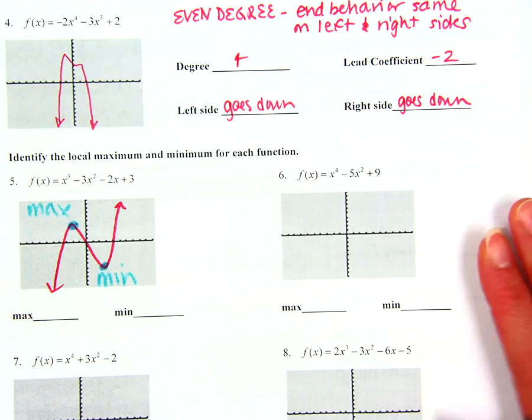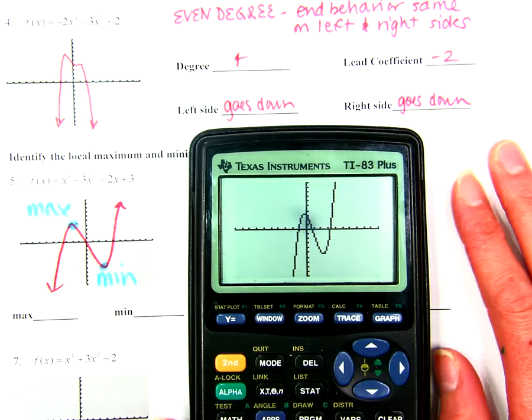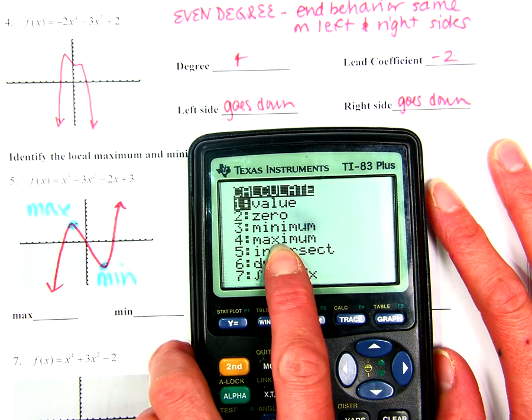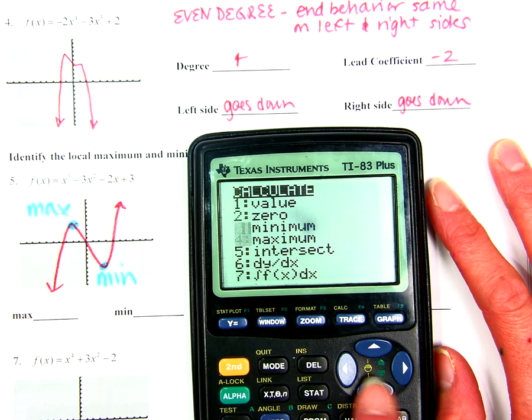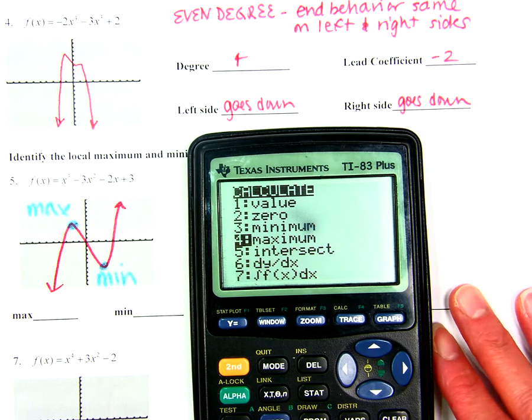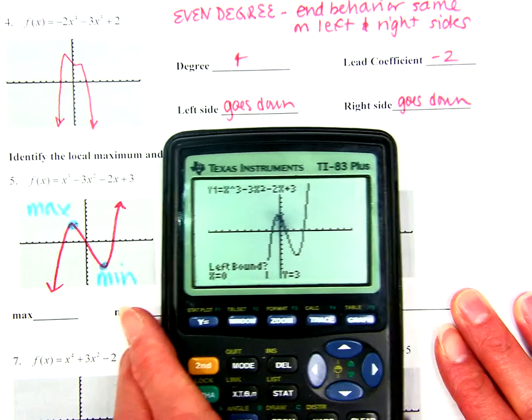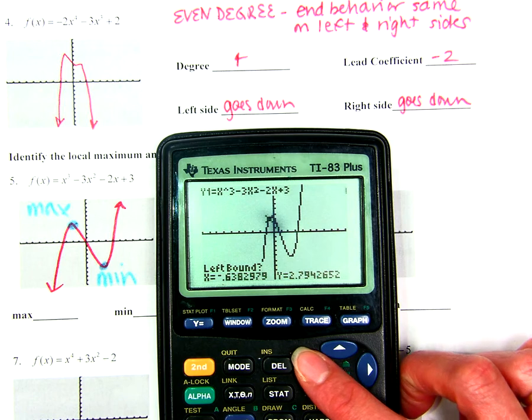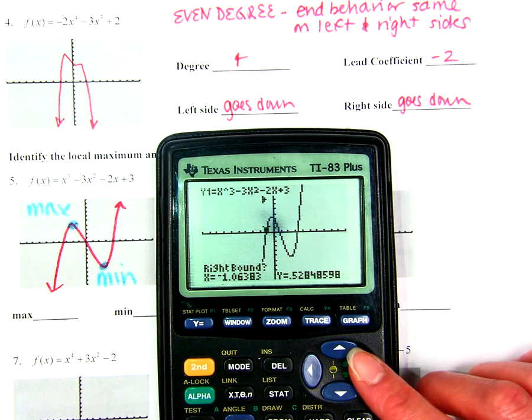All right, so I'm going to do the local max first. I'm going to hit second trace, and if I want my maximum, I choose maximum. All right, we've used this menu before. We've done zeros, we've done intersections, so you're just choosing maximum. Okay, so all you need to do is set your boundaries. So you know that you need to be somewhere to the left, hit enter, be somewhere to the right, and hit enter.